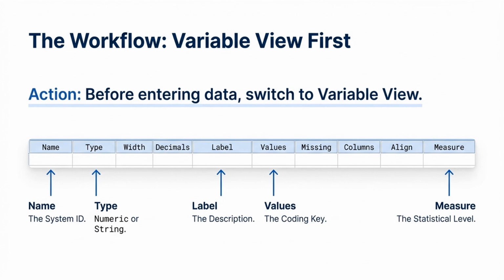The third one is width, the fourth one is decimal places. The fifth one is label, the description or full name of the variable, then values, the coding, missing, columns, alignment, and the last one is measure, the statistical level.